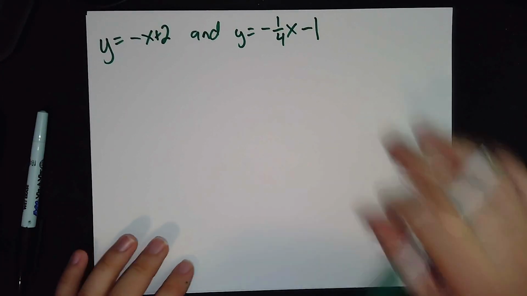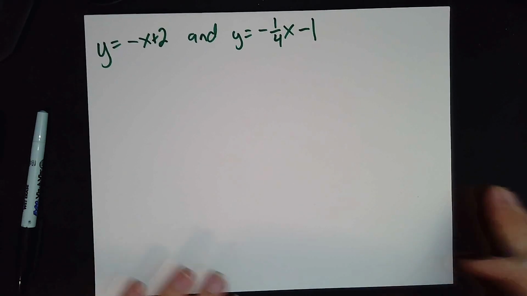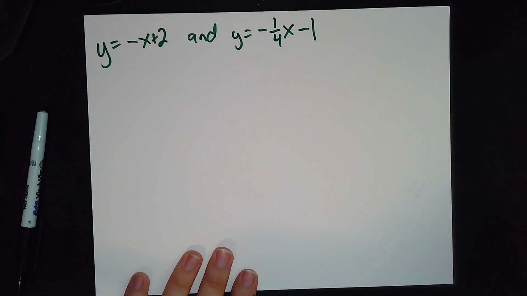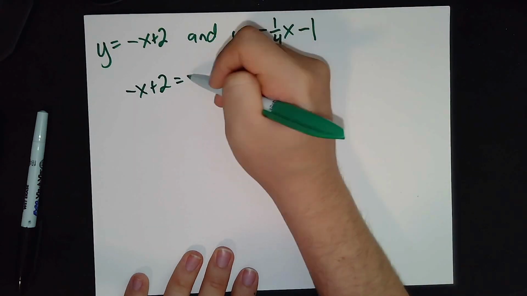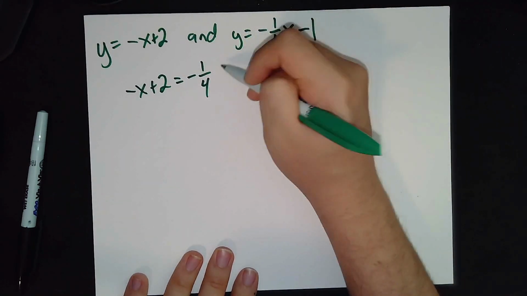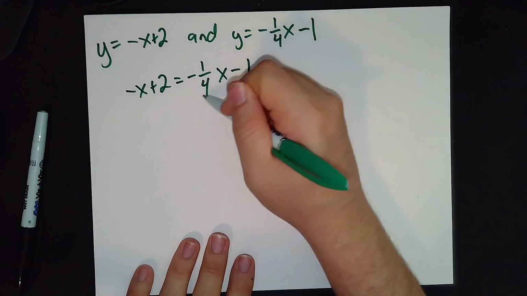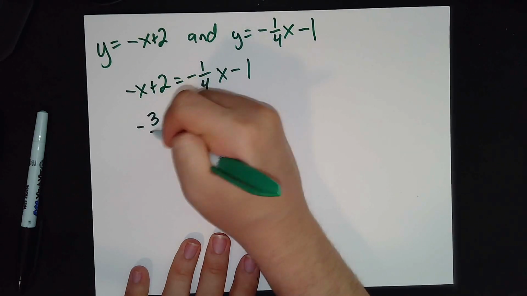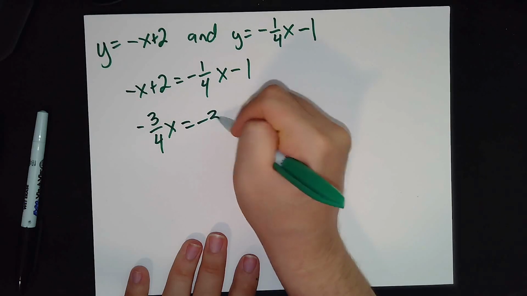And so when we go to find the intersection of these two lines, remember that we do this by setting these two things equal to each other. So this will be minus x plus 2 is equal to minus 1/4 x minus 1. So I'll move this 1/4 x over here, so that'll leave me with a minus 3/4 x. And move this 2 over here, equals minus 3.